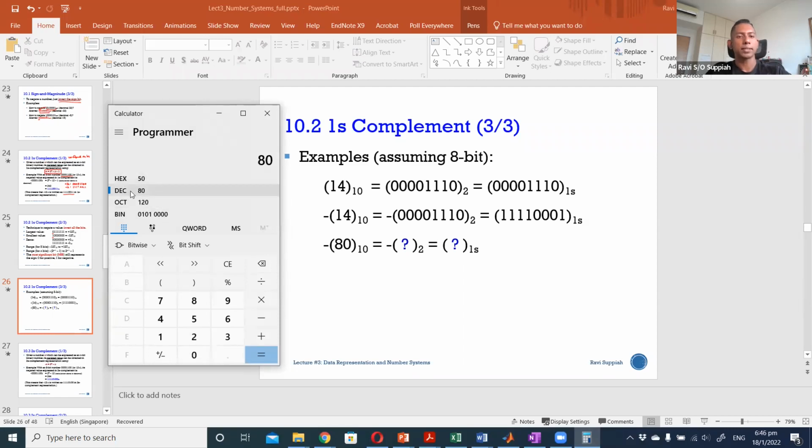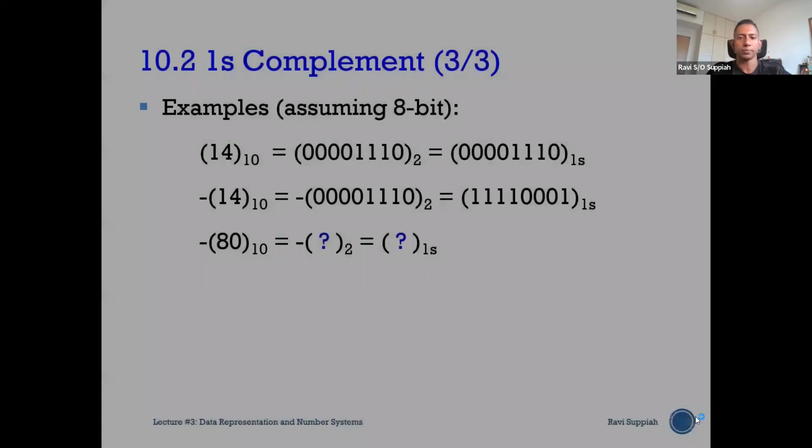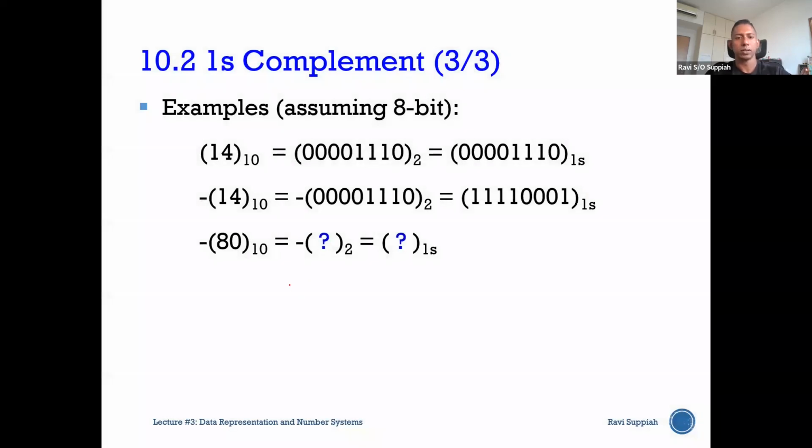The actual representation of decimal 80 is 0101 0000. So this is the actual value, which is positive 80.